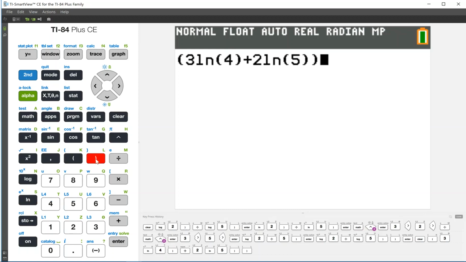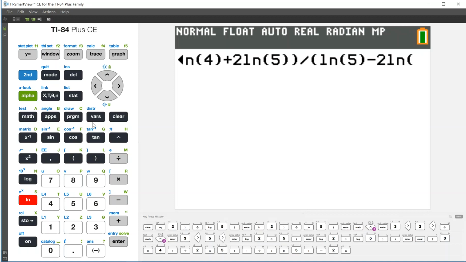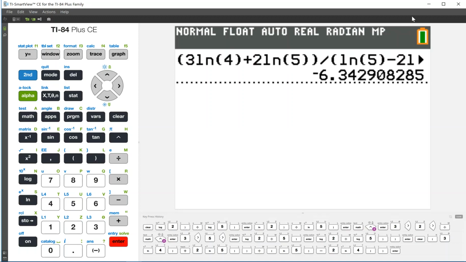So now we have the entire numerator in parentheses divided by open parenthesis, and we're starting at the bottom now. ln of 5, close parenthesis, minus 2 times the ln of 4, close parenthesis, and then another close parenthesis to finish off the parenthesis from the denominator. And then we hit enter, and voila.